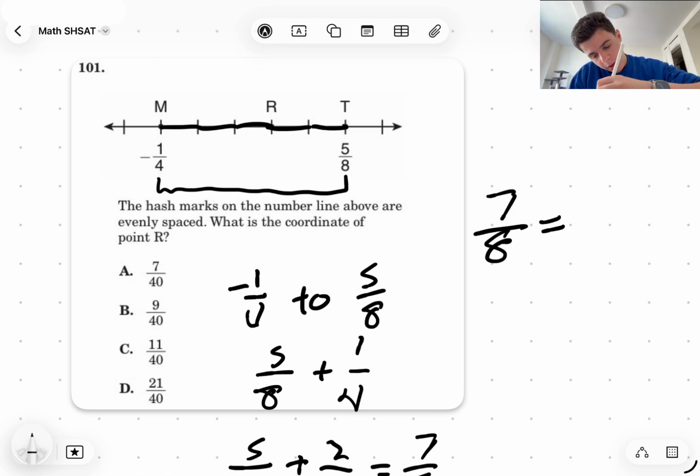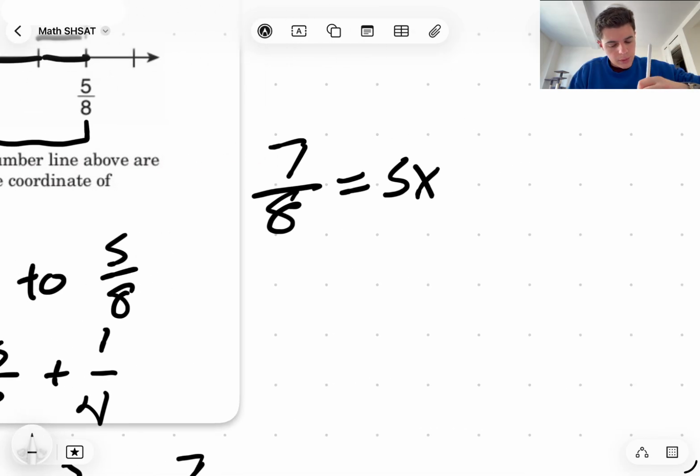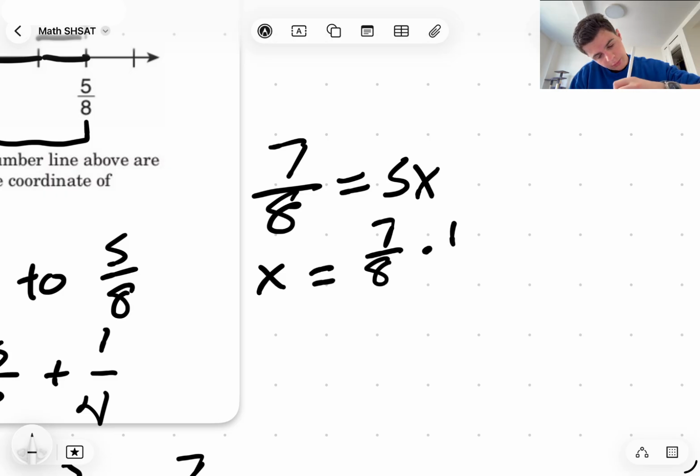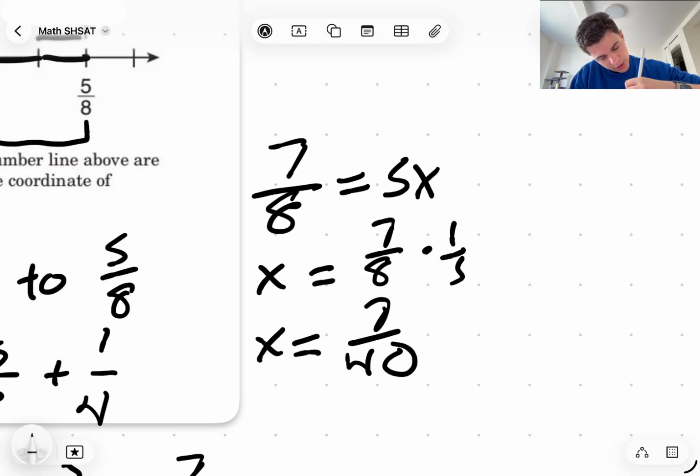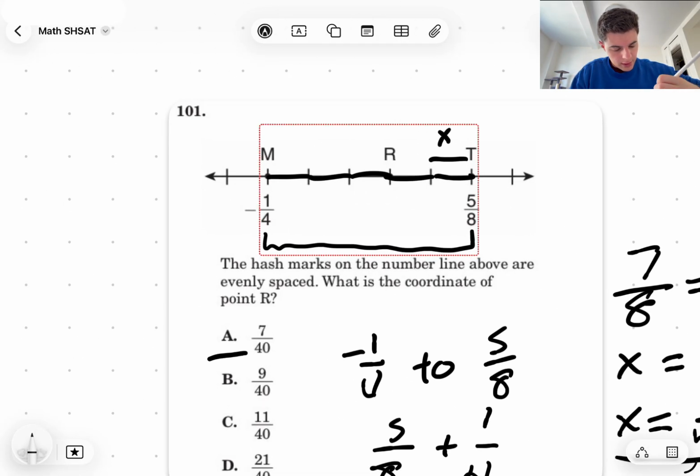So that equals 5, and we'll denote the length of each hash mark to be X. So what we're trying to do here is find how much one hash mark is. So we're going to divide both sides by 5, that's going to be 7/8 times 1/5, which equals 7/40.